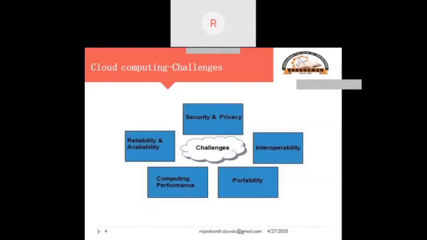Coming to security and privacy, as mentioned, the organizations are concerned about the security and the privacy of the data. Cloud computing is a shared environment. Cloud computing supports multi-tenancy. Multi-tenancy means more than one organization are going to share the common resources.